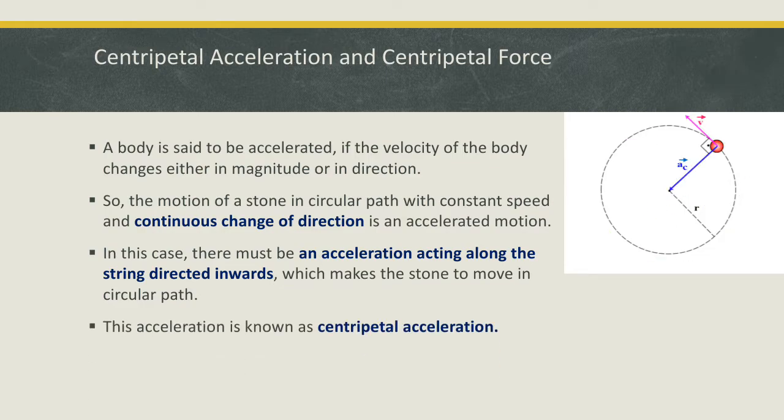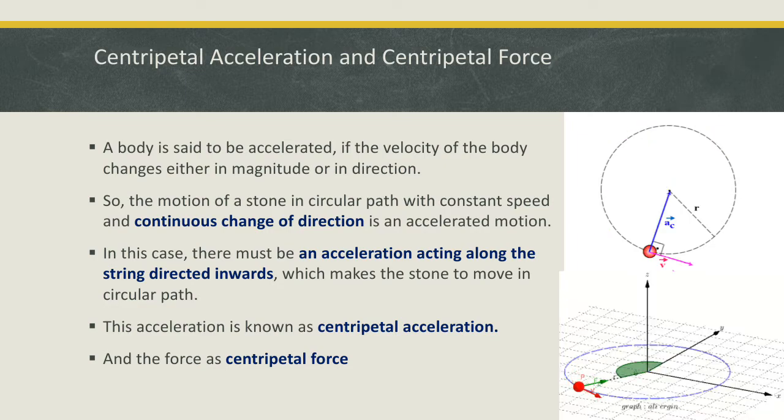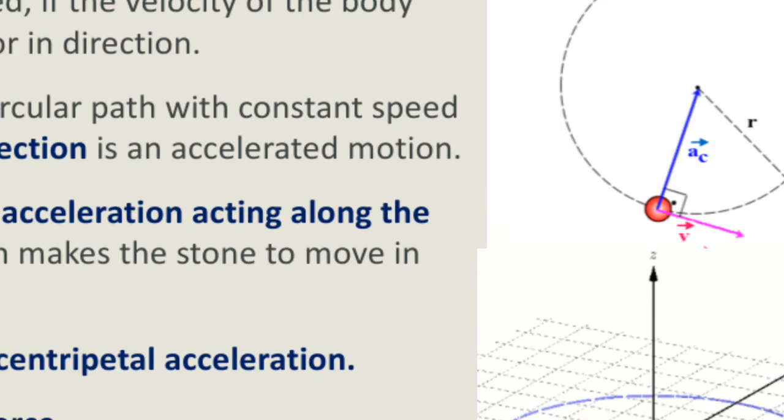This acceleration is known as centripetal acceleration, which is always acting inwards or along the radius. When there is some acceleration, obviously there will be a force, and in this case the force is called centripetal force, because this force is coming from the centripetal acceleration.